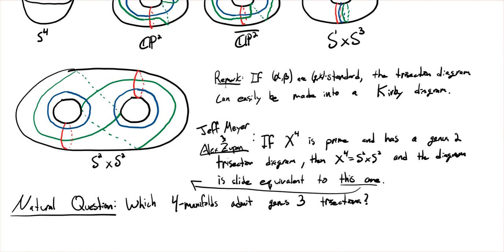It's a theorem of Jeff Meier and Alex Zupan that if you have a prime four-manifold and it has a genus 2 trisection diagram, then actually it's S2 cross S2, and its diagram is slide equivalent to this nice one.